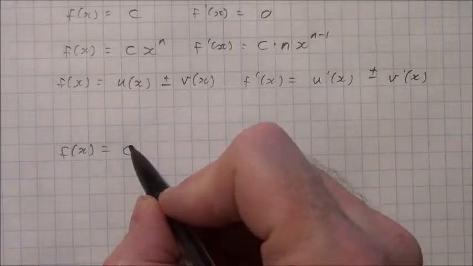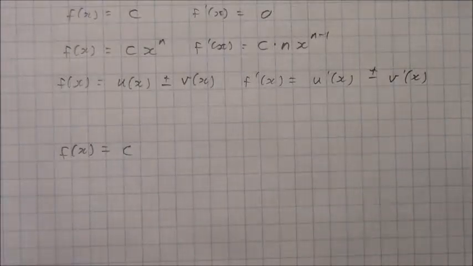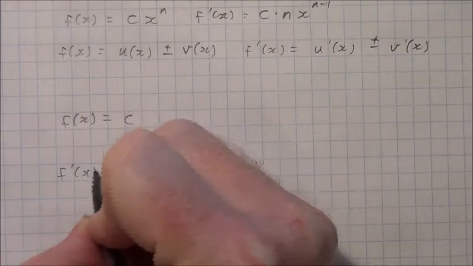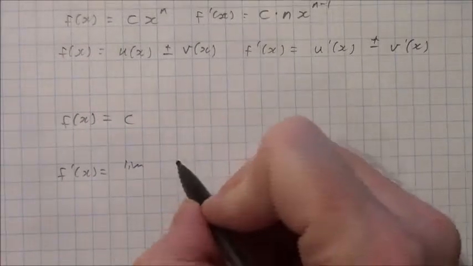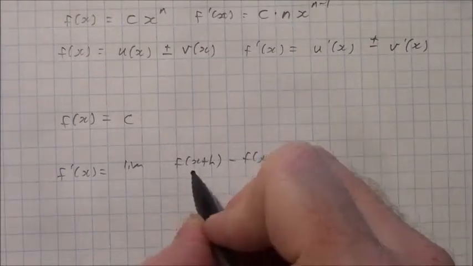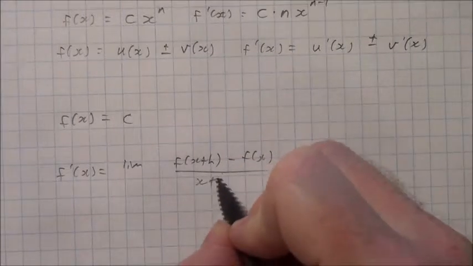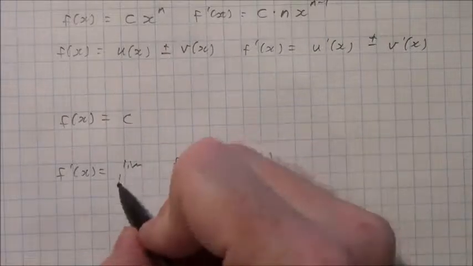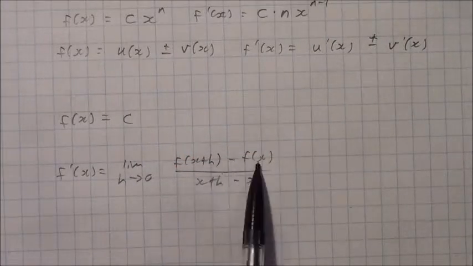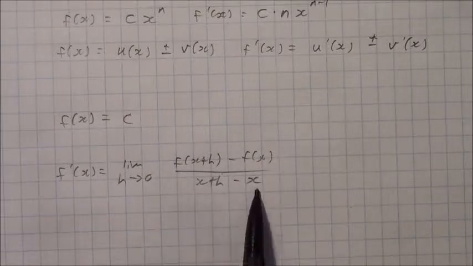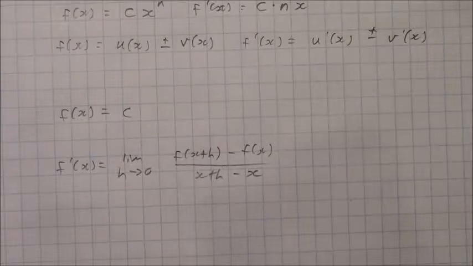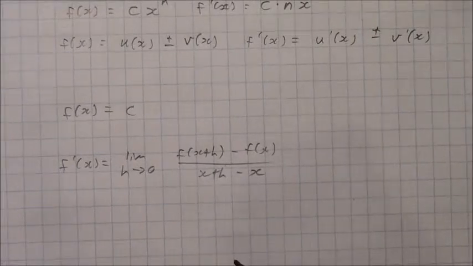Well, we know the limit definition of the derivative is f prime of x equals the limit of f of x plus h minus f of x all over x plus h minus x as h approaches 0. So here's the y2 minus y1 over x2 minus x1. In the denominator, that simplifies down to just h, which is fine. I'll take care of that in the next step.